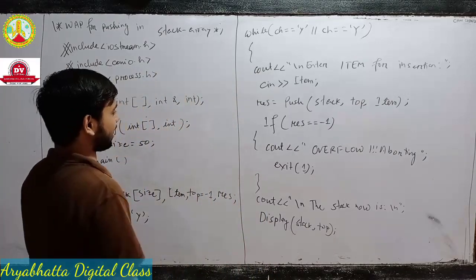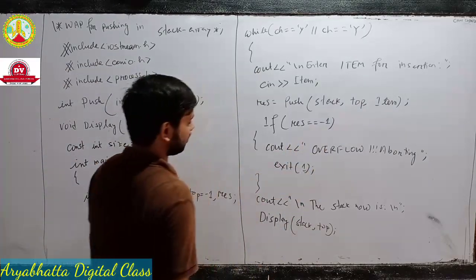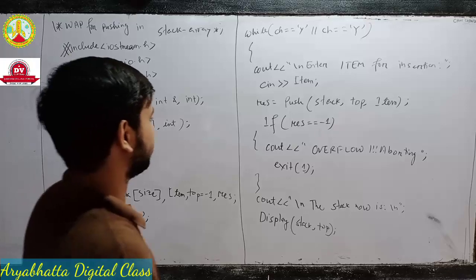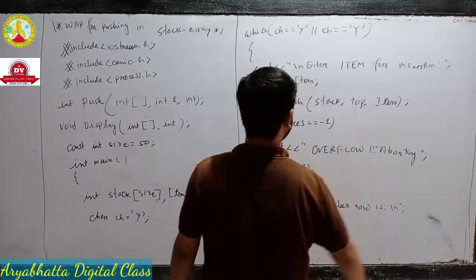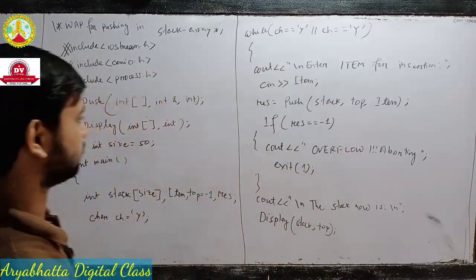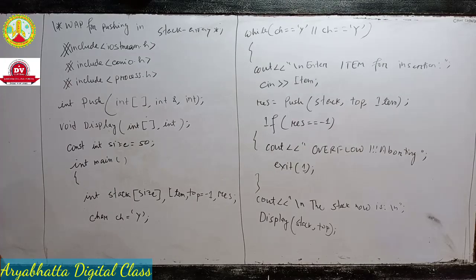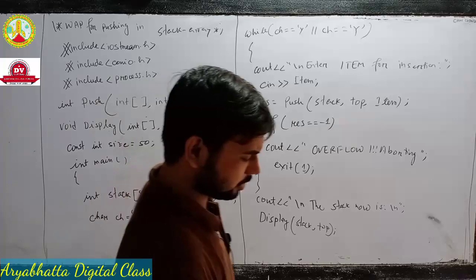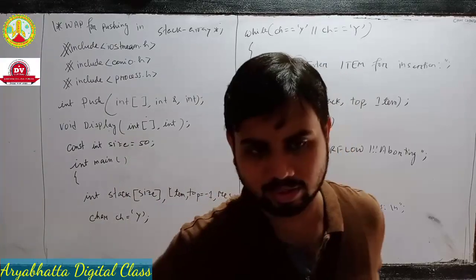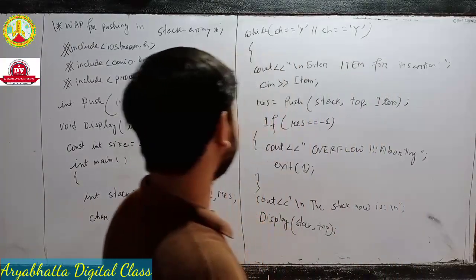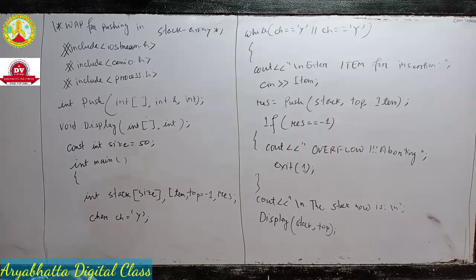We take the condition: if res is equal to minus 1, means if the stack is what? Res is equal to minus 1, overflow, aborting. Top is equal to minus 1 means what? Your stack is empty. But res is equal to minus 1 means your stack is completely full.